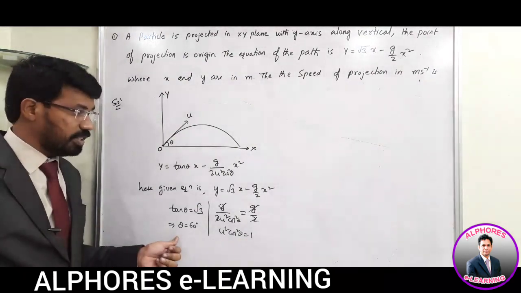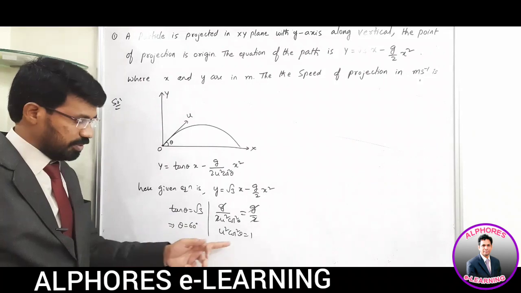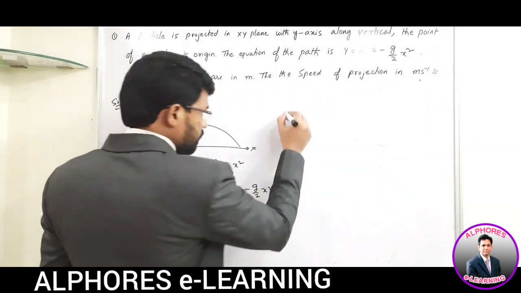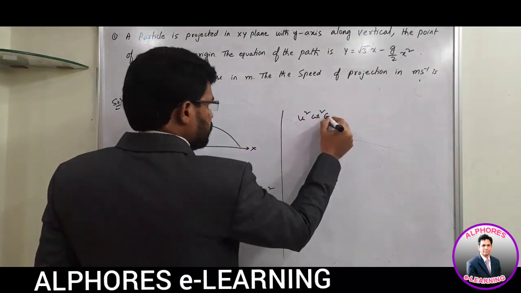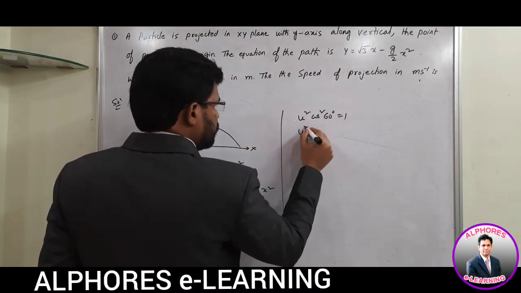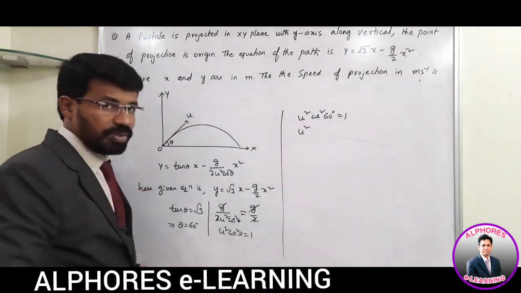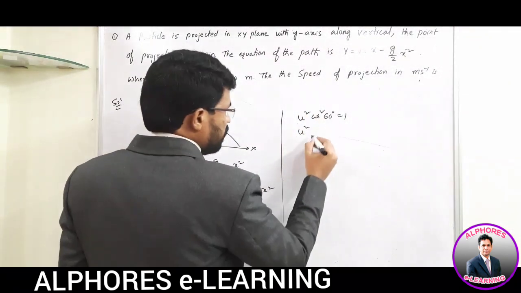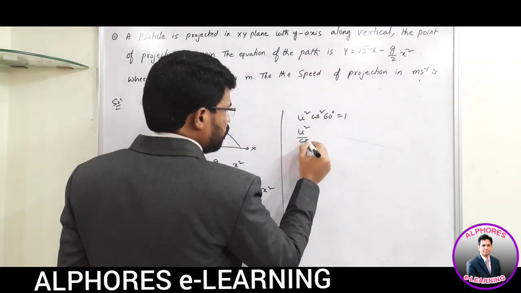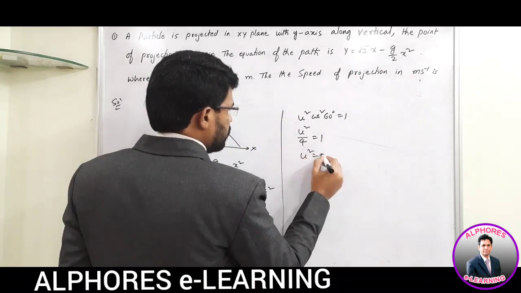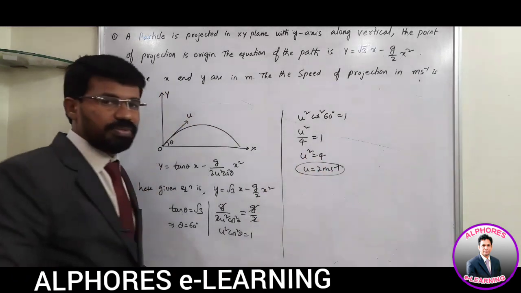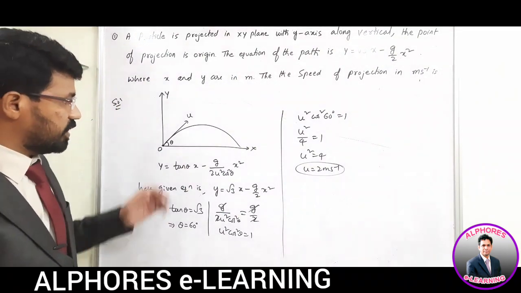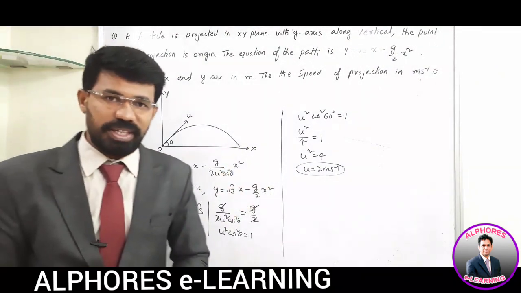Already we have theta equal to 60 degrees, so we can replace it here. So u square cos square 60 degrees equals 1. Cos 60 is 1 by 2, and 1 by 2 square is 1 by 4. So u square by 4 equals 1, so u square equals 4. U equals 2 meter per second. So the velocity with which the body is projected in this xy plane is 2 meter per second. Okay.